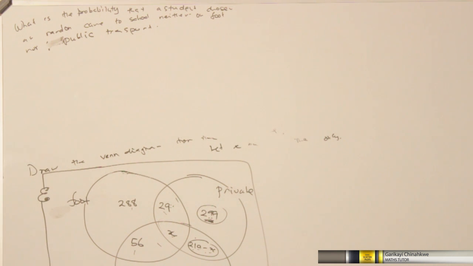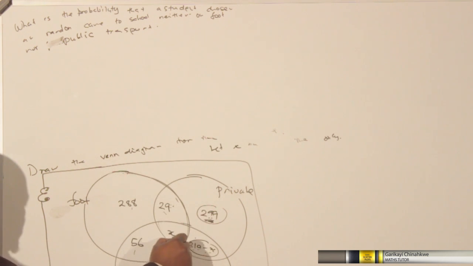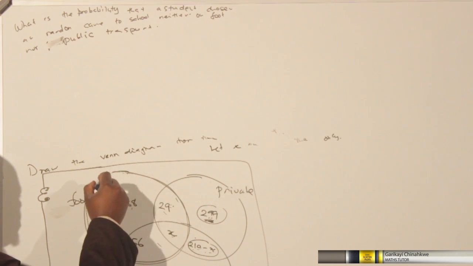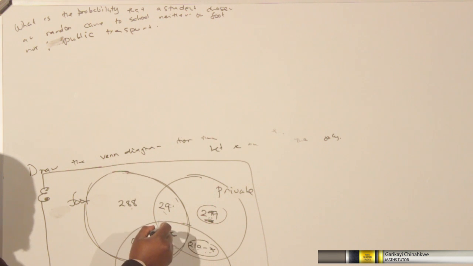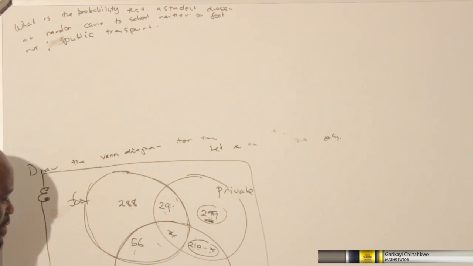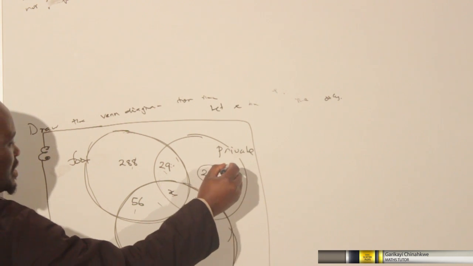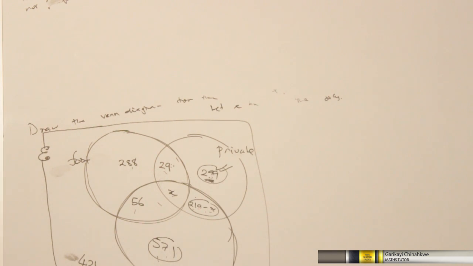So let us go on to foot. We don't like this part. We don't like this part. And we don't like on foot and by public, so we don't like this part as well. So the only parts that we need are this one and this one.